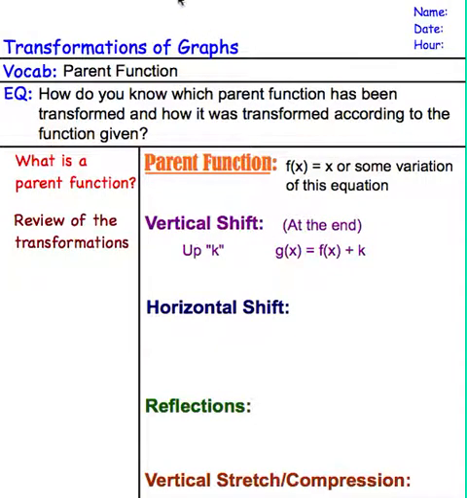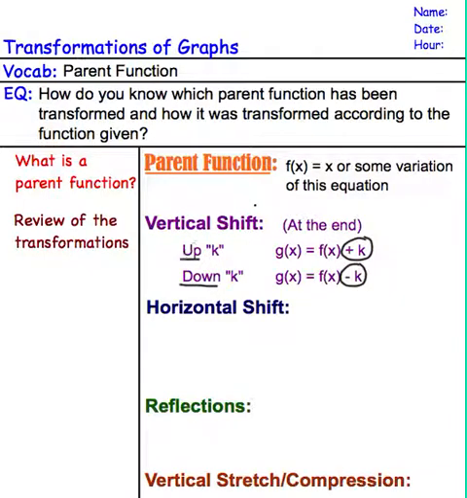And we know this because it has that plus in there. And now on the other hand, if it has a g of x equals f of x minus k, that minus k tells us that we are going to go down. So up and down are actually the way it says it. Plus is up, minus is down.